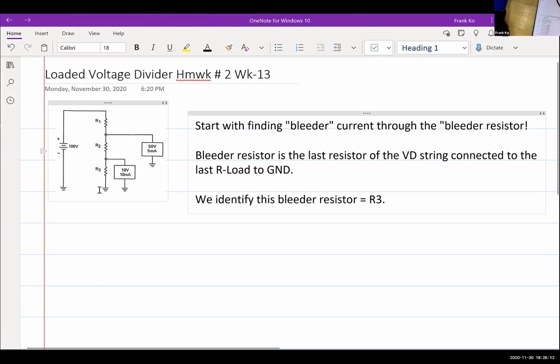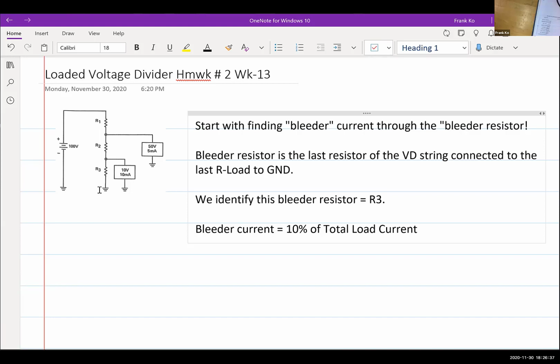So now that you've determined the bleeder resistor, how do you determine the bleeder current? 10% of the total. So bleeder current equals 10% of what? Total load current. 10% of the total load current.